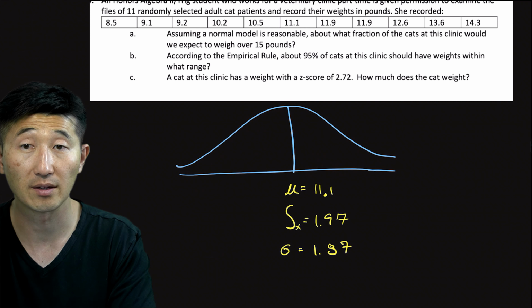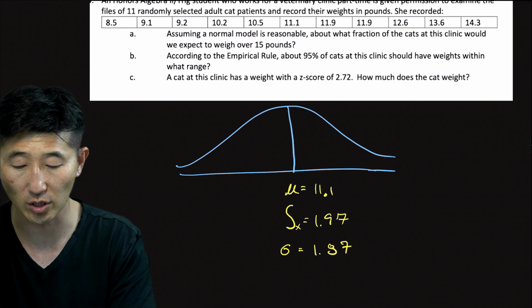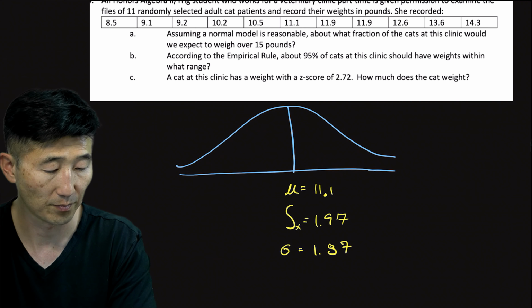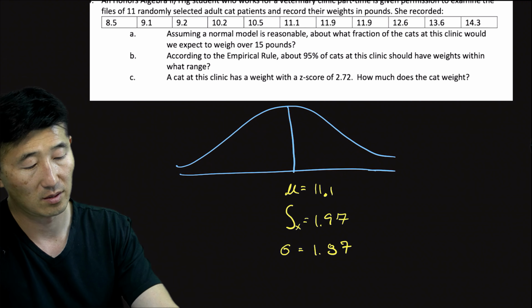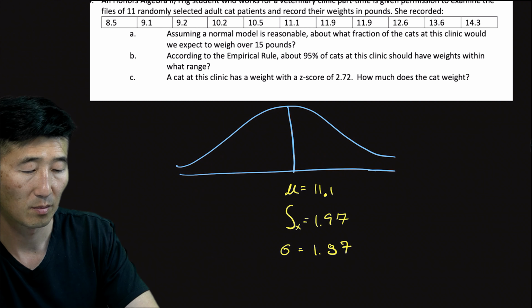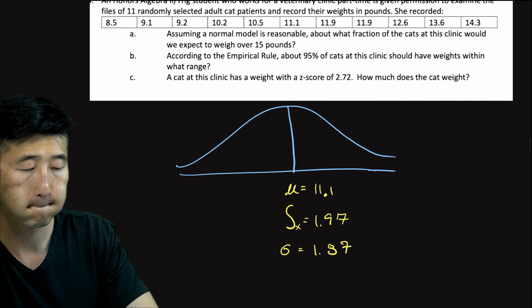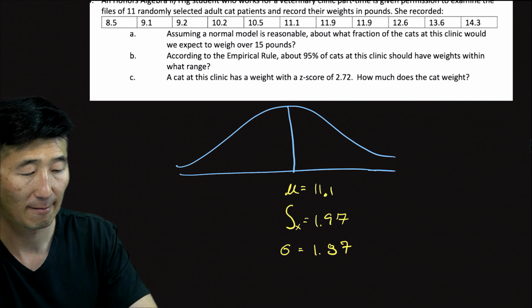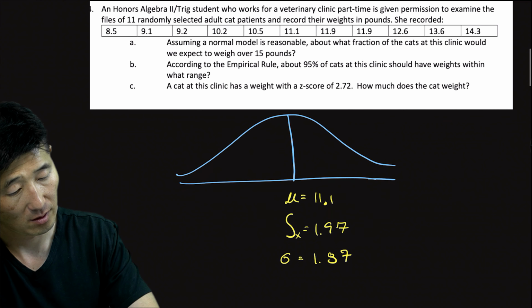I double checked. You should be getting 11.1. Oh, I did 1.1, I think. Wait, what did I do?